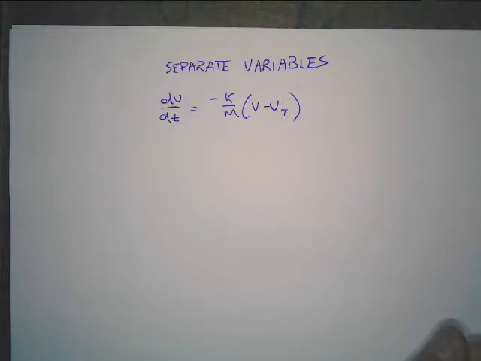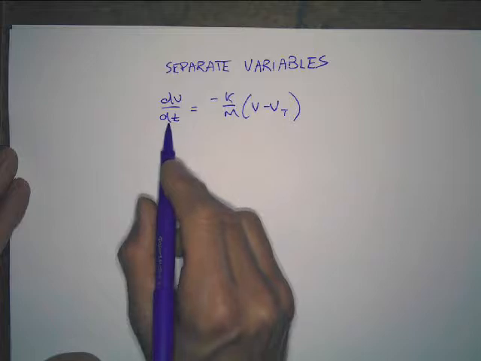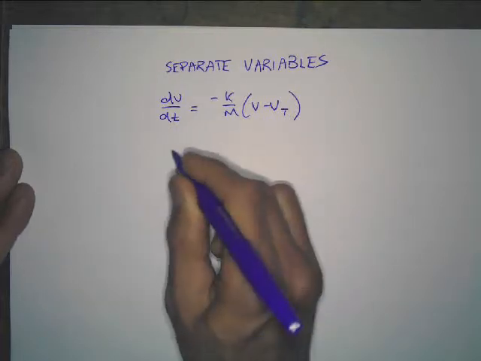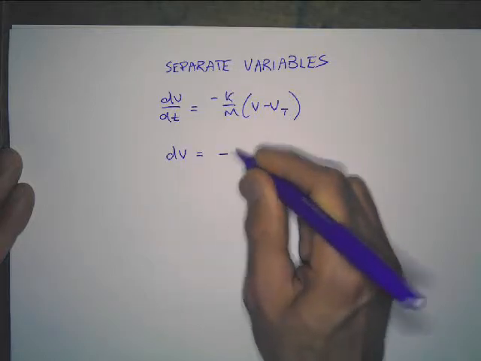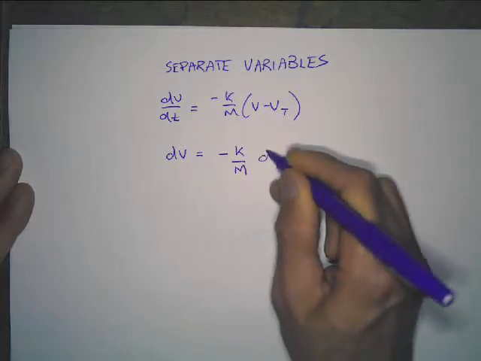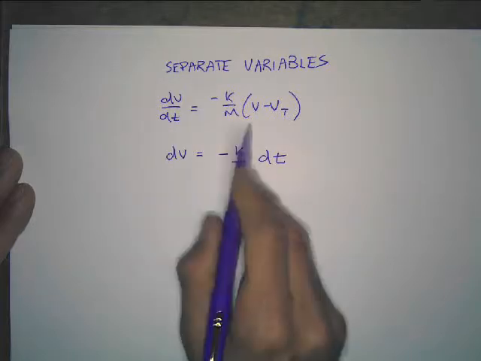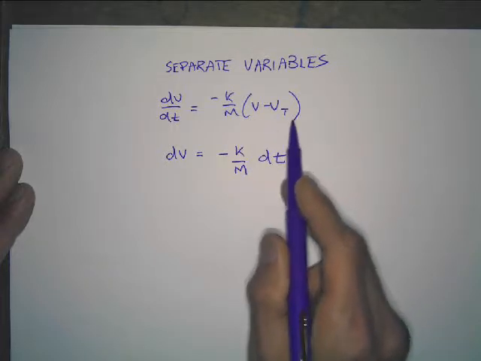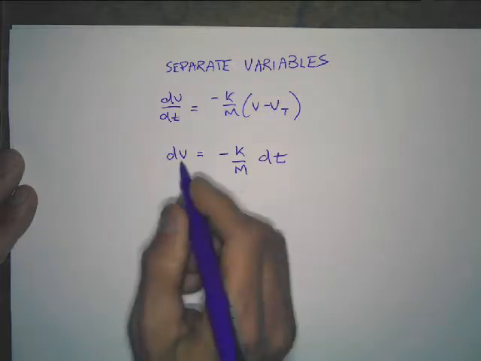What we do when we separate the variables is we're going to now, in a sense, kind of cross-multiply the parts of the derivative. Derivatives can actually kind of be split up. And so what I mean by that is I can multiply both sides by dt. So I brought the dt over here by multiplying both sides, but I want to bring the stuff in parentheses over onto the left side because I want to group the velocity terms together.